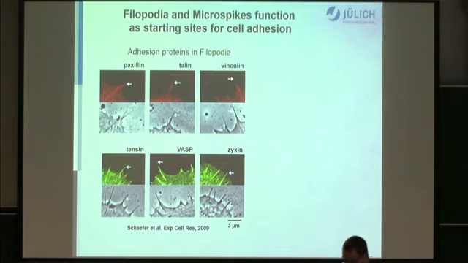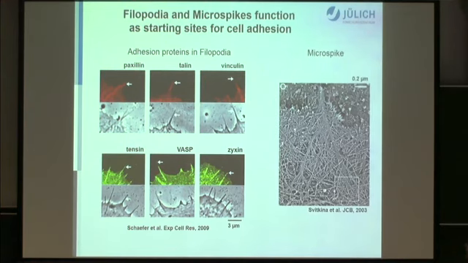So this adhesion complex is not only found in very classical, well elongated filopodia with a length of approximately up to 5, sometimes even 10 micrometers, but also in microspikes, so that are most likely some kind of very tiny, rarely visible filopodia, mainly also caused by the bundling of actin filaments within the lamellipodium.